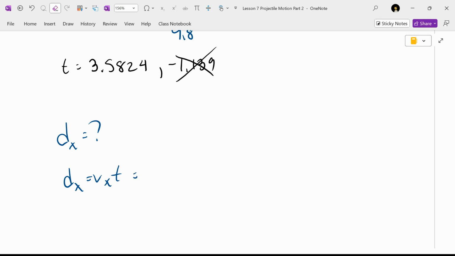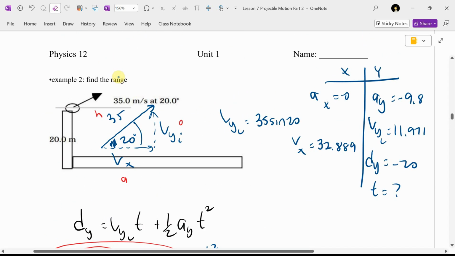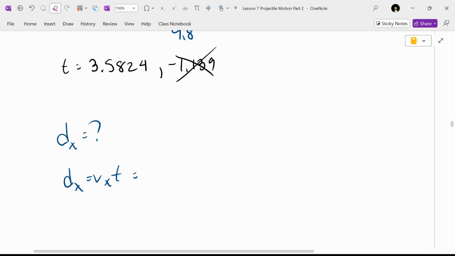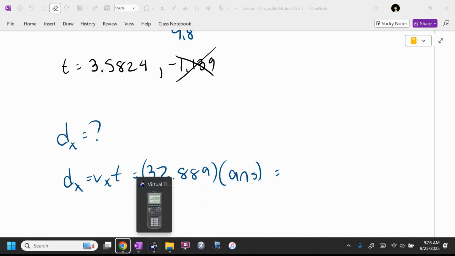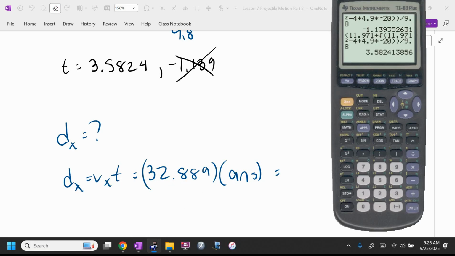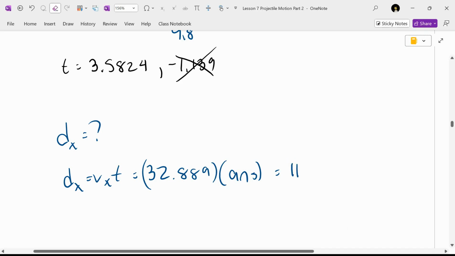Now I can just drop the vx down like a domino, 32.889 times, and I'm going to use my answer button, times 3.5824, and I'm good. And I get 117.8. I'll call it 118 meters.